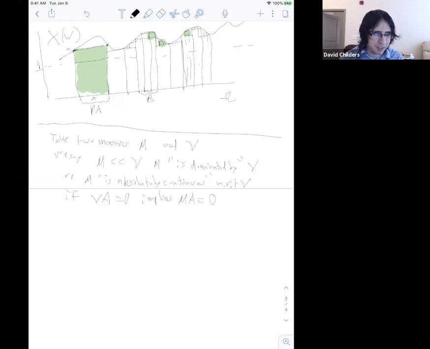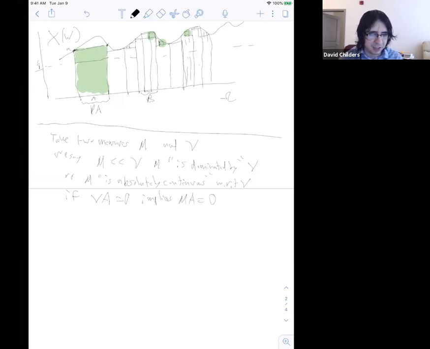So what that means is that for any sets such that the dominating measure nu assigns 0 probability or 0 mass to them, the dominated measure mu also assigns 0 mass to them. So it cannot take a 0 mass set and turn it into a positive mass set. For any other sets, there's no restriction.